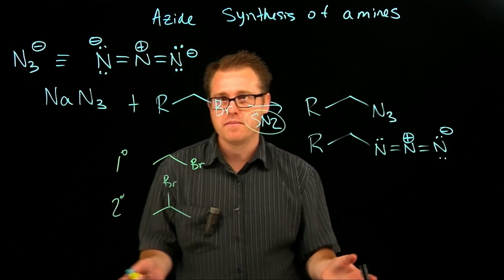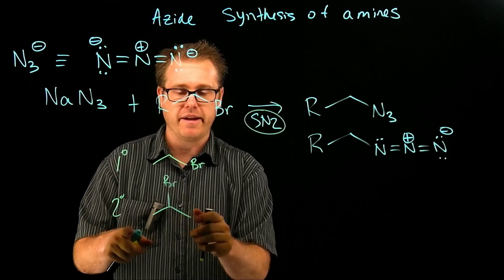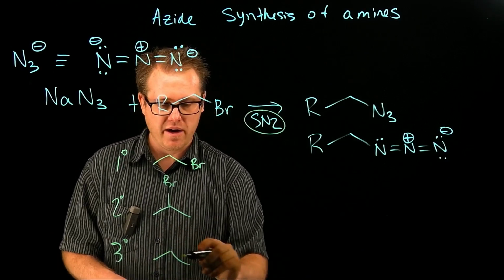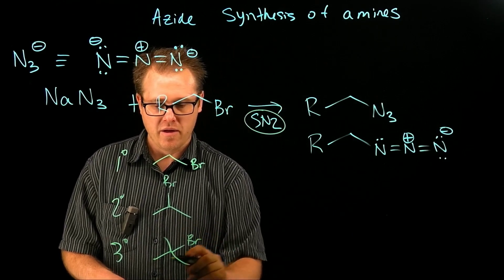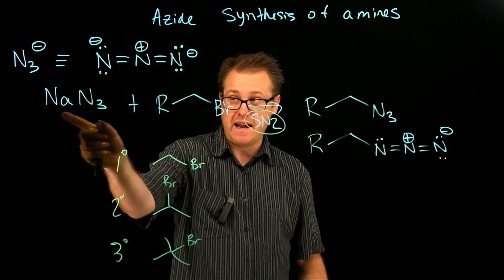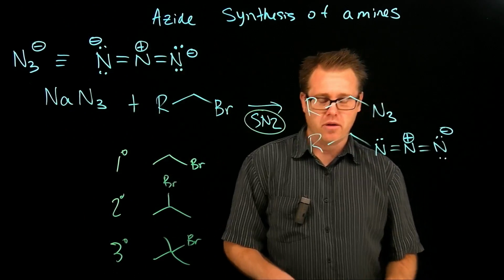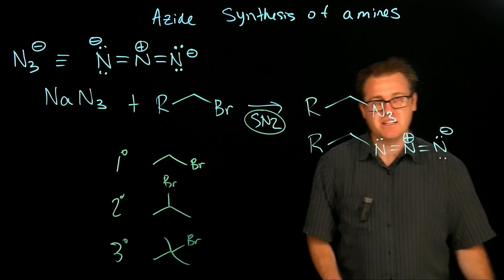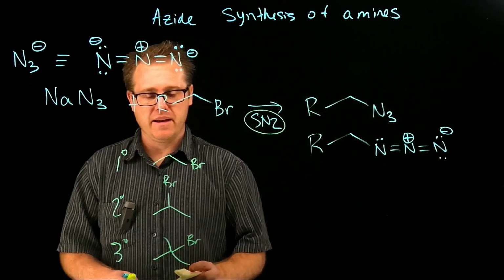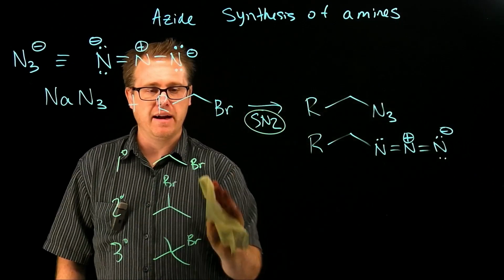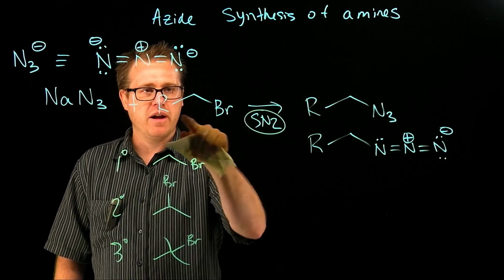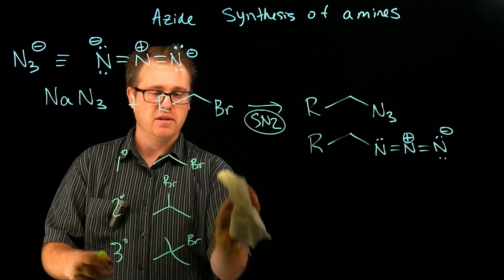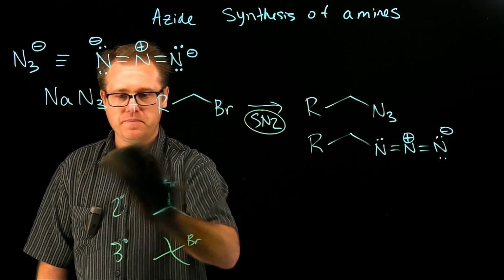Yeah, that could work because secondary alkyl halides undergo SN2. But if you had a tertiary alkyl halide, will this reaction work? I hope all of you are saying no way, because you cannot do an SN2 mechanism on a tertiary alkyl halide. So I'm drawing you a generic structure, but note that you have 3 versions and only 2 of the 3 will work.